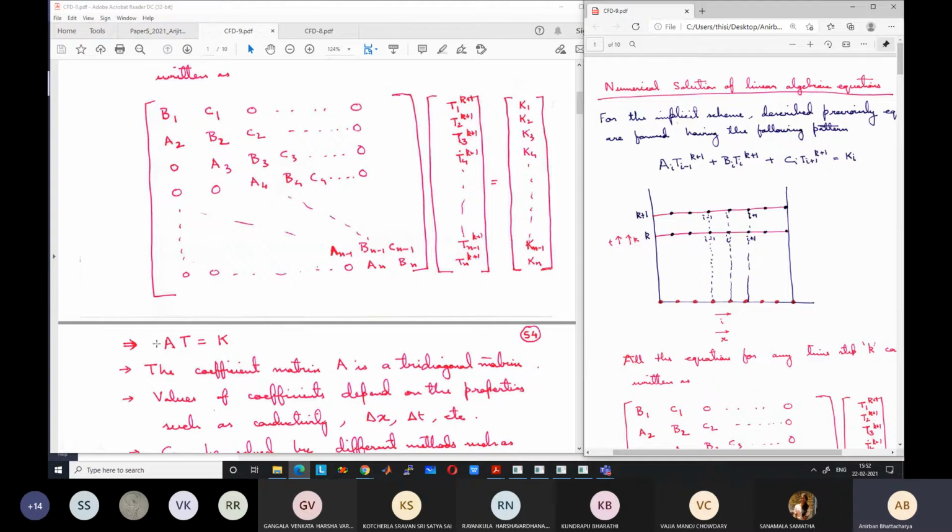So I can write A inverse A T is equal to A inverse K. So A inverse A is the identity matrix. So T will become equal to A inverse K. Is it clear to everyone? T is equal to A inverse K.